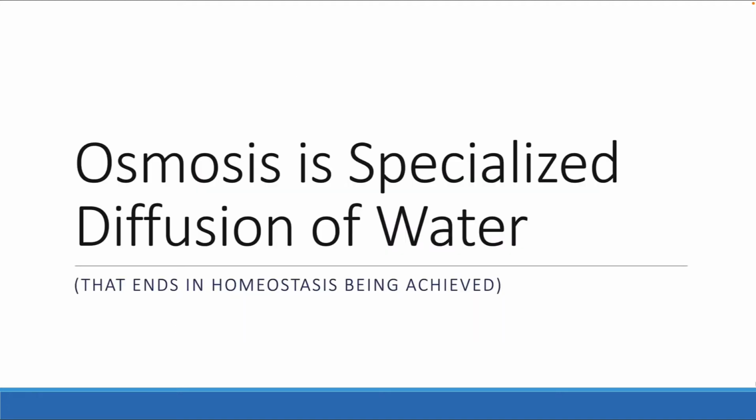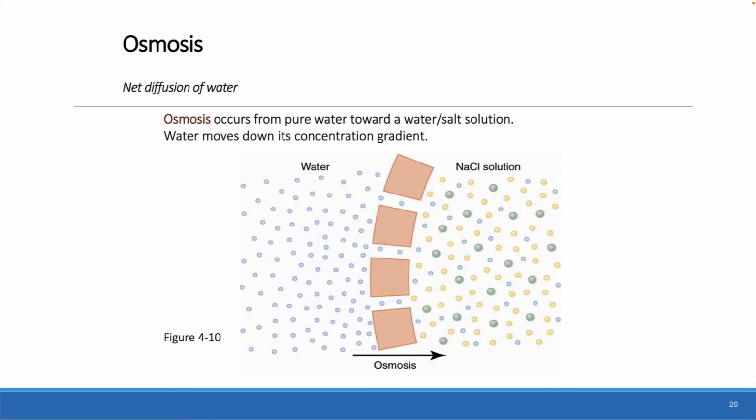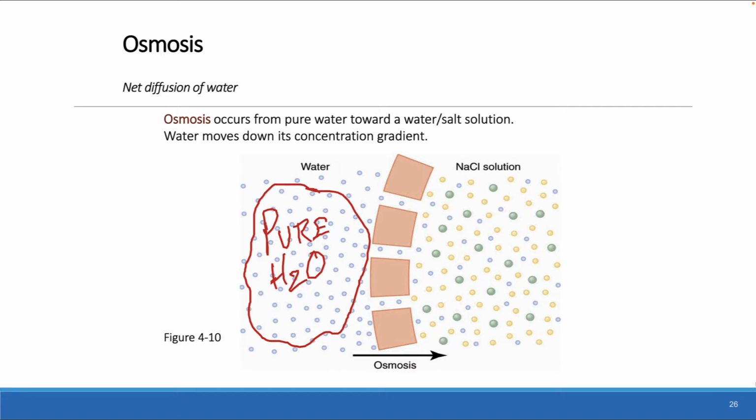Now, another term for you to remember is that osmosis is specialized diffusion of water. All right? And that results in homeostasis being achieved. And so in this example here, we have water without any electrolytes. So this is pure water. And this is a sodium chloride and water solution.